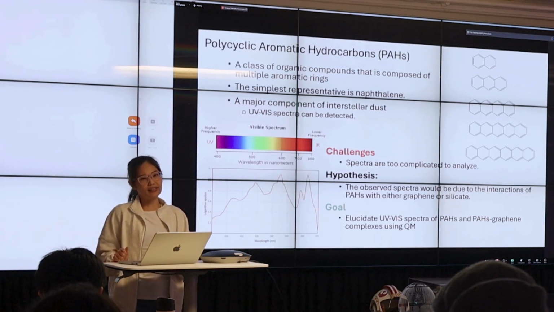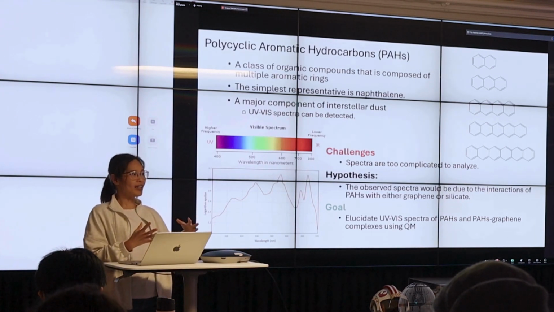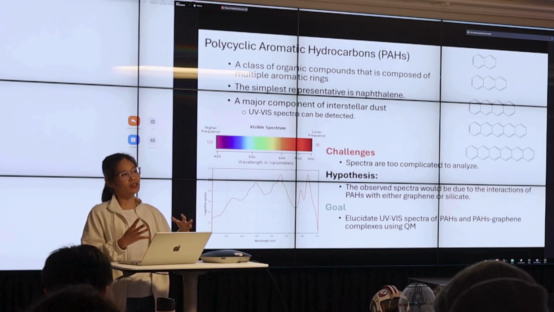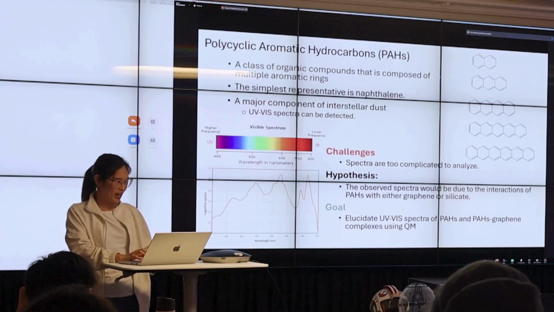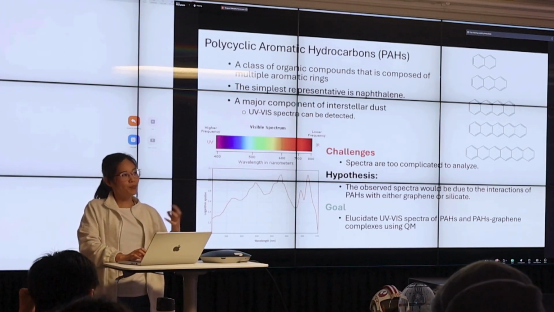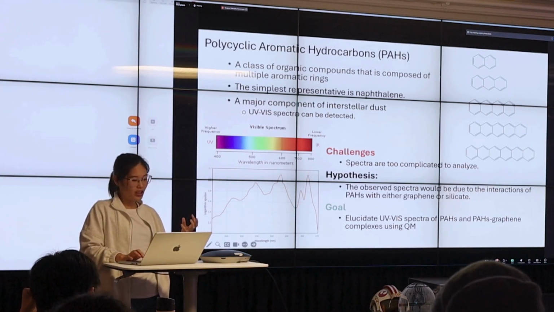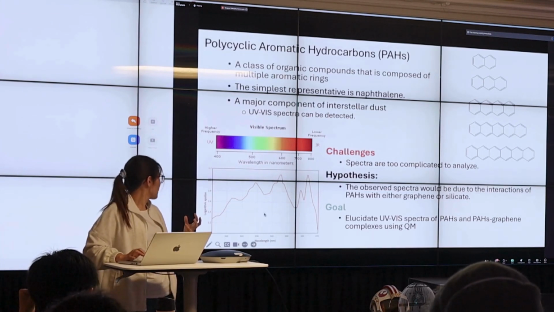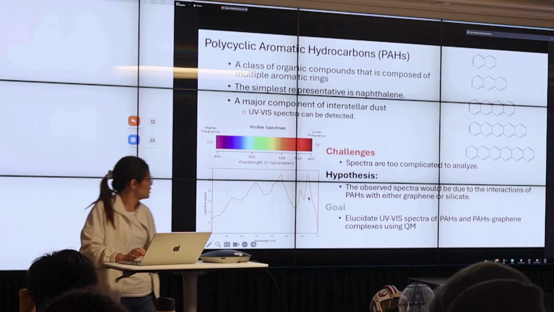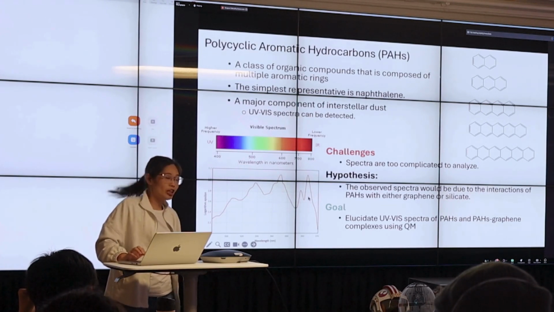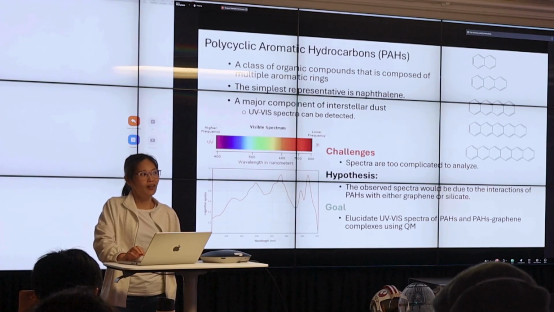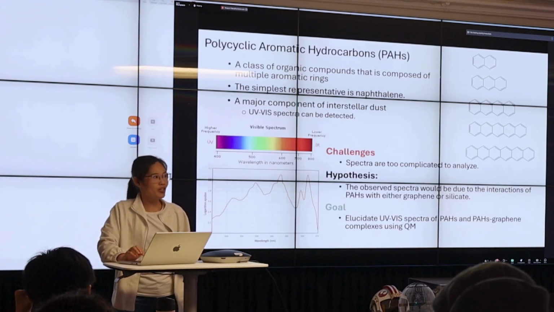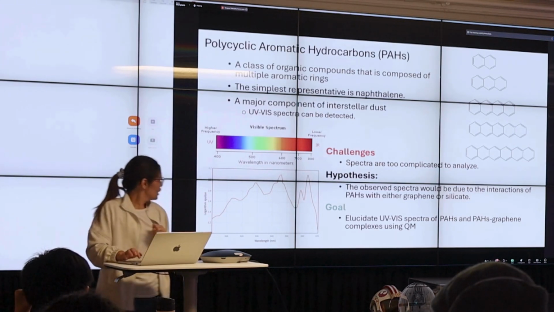But the thing is, his spectra is different. It doesn't look the same as the free molecule of those PAH. As you can see here, this spectra is very difficult to elucidate. So he came and asked me, can you help use quantum chemistry to solve this kind of problem?